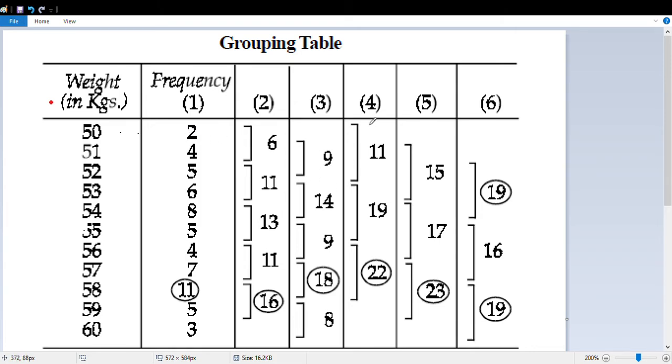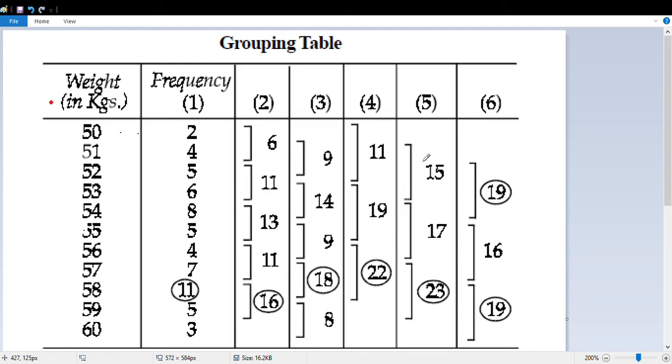Column number 4 contains frequencies summed up in 3's from the beginning. For example, 2 plus 4 plus 5 we get 11. In the same way, 6 plus 8 plus 5 we get 19.